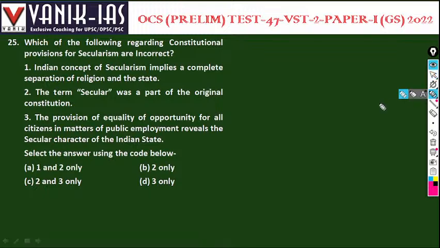Which of the following regarding constitutional provisions for secularism are incorrect? The Indian concept of secularism implies a complete separation of religion and state. This is incorrect. There is no complete separation.